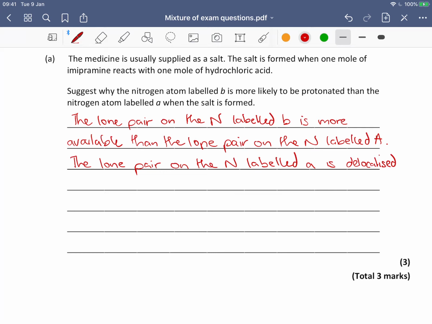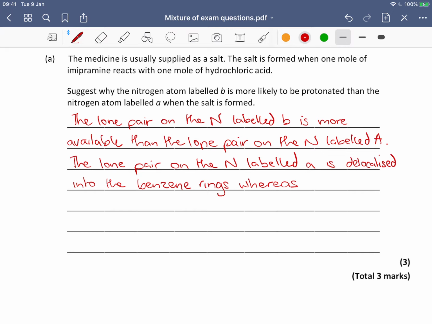They're looking for the word delocalized into the benzene. Oh, there's actually two of them, so we've got to put plural really. We've got to focus on the key factors. Yes, there's also an alkyl group, but what is it that's going to make this different to B? It's the fact that we have those benzene rings directly attached to the nitrogen. This is 3 marks, so we'll come to that in a second.